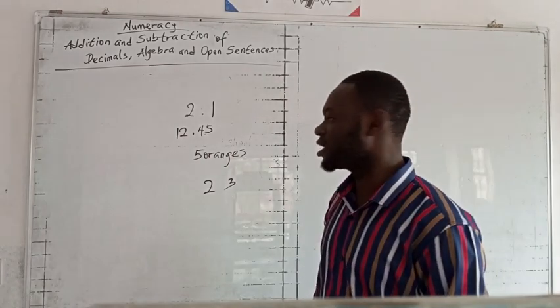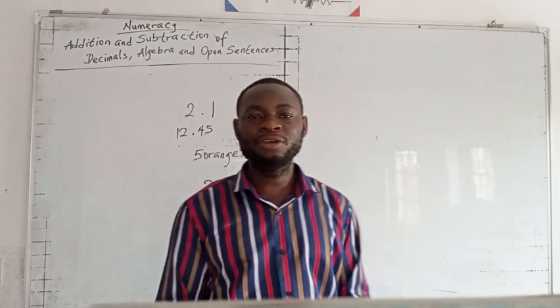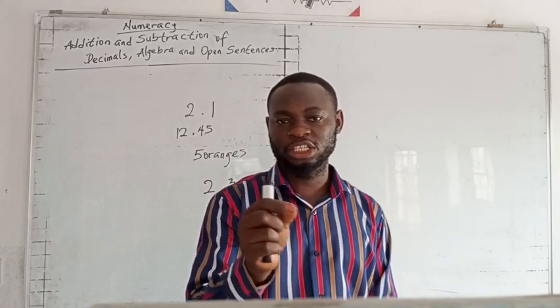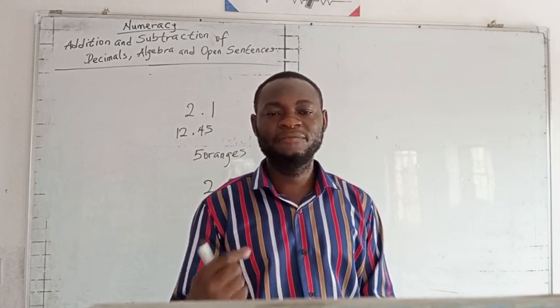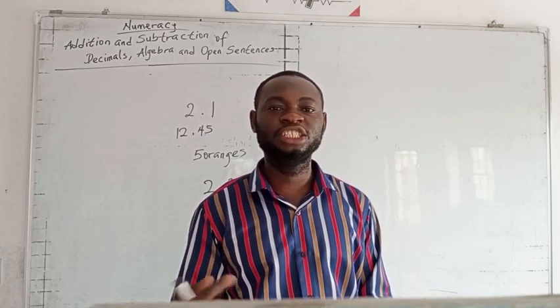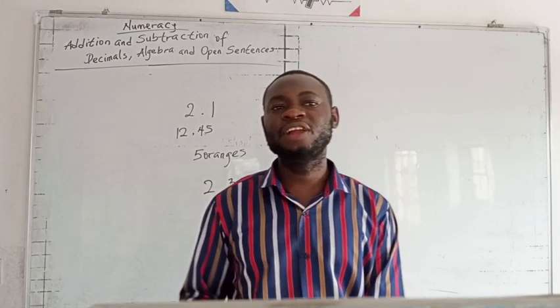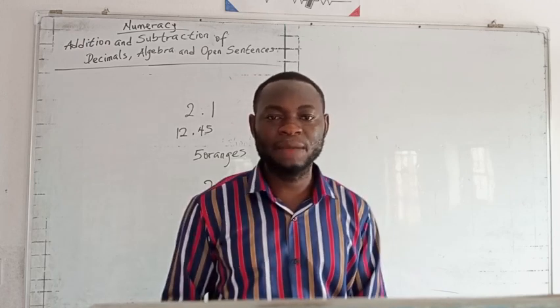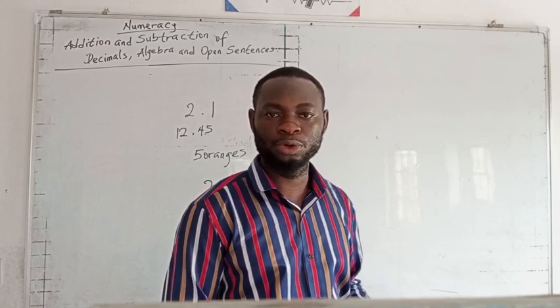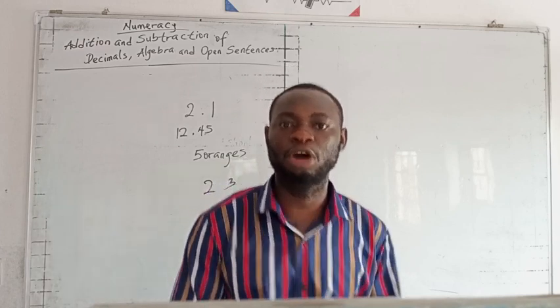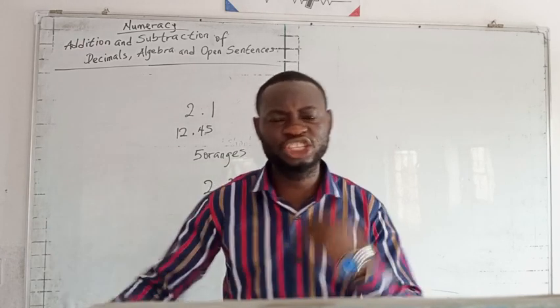Now, when we talk about variables, we say that a variable is a quantity with changing values. Changing values in the sense that a variable can be 1 today, that same variable can be 12 tomorrow, that same variable can become 100 the next day.